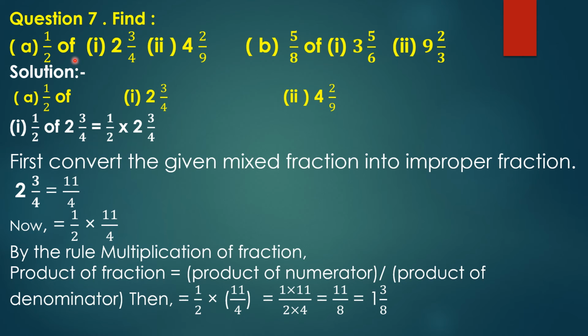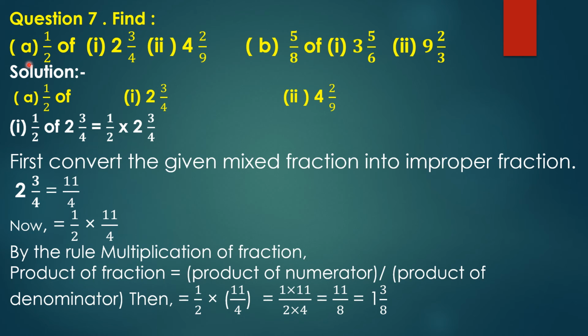So we have to multiply 1 by 2 with 2 3 by 4, and also we have to multiply 1 by 2 with 4 2 by 9, and similarly 5 by 8 of 3 5 by 6 and 9 2 by 3. So in this case also we have to multiply 5 by 8 with 3 5 by 6 and 9 2 by 3 separately.